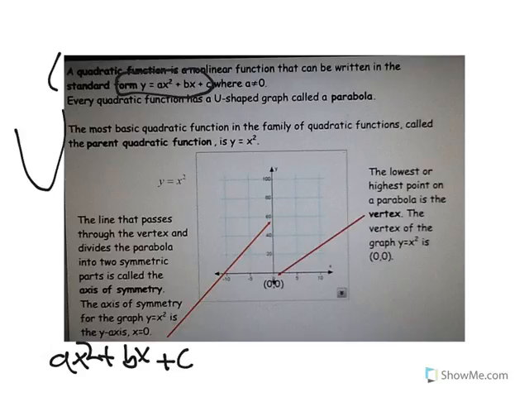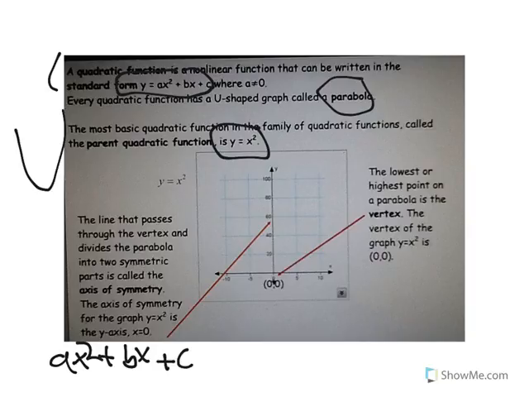We've already been working with this a bit. So every quadratic function is a U-shaped graph called a parabola. The most basic one in the family of quadratic functions is y equals x squared. And we're going to get to how that looks in a little bit.